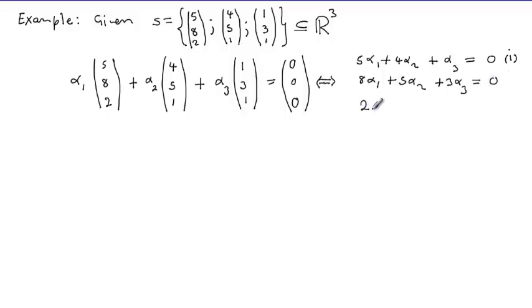Our last equation will be 2 alpha 1 plus alpha 2 plus alpha 3 equals 0. And this is equation 2 and 3.